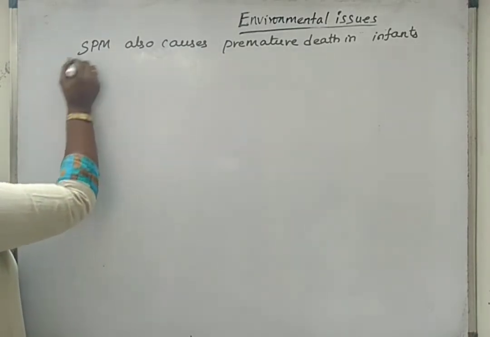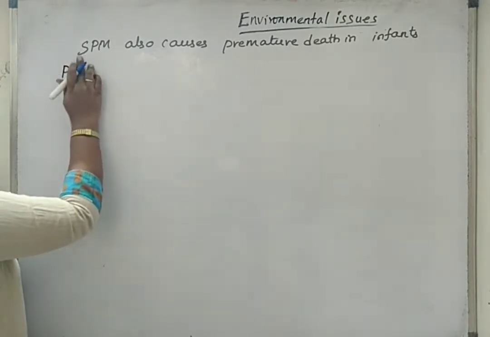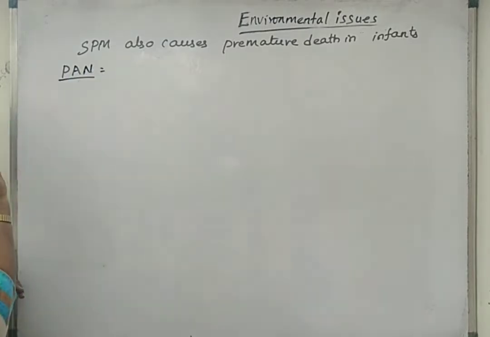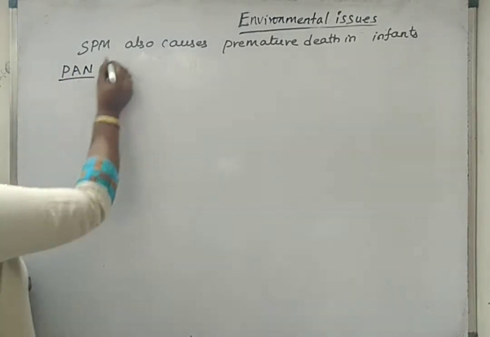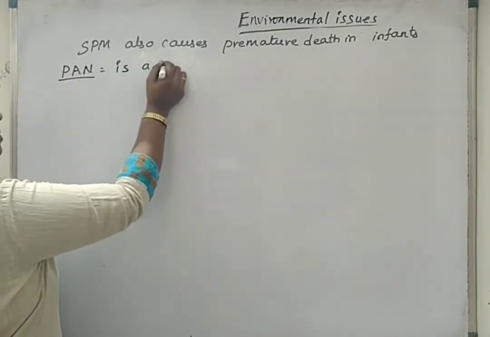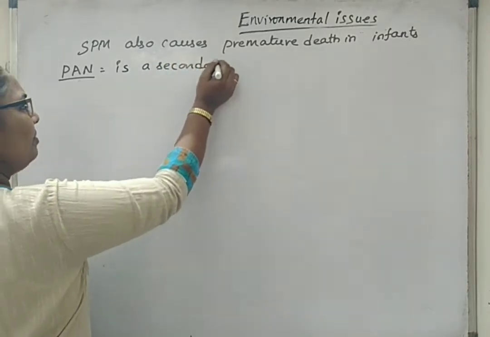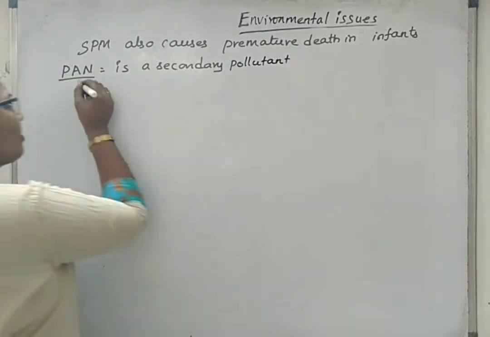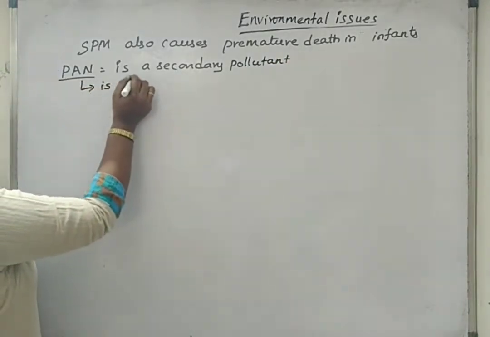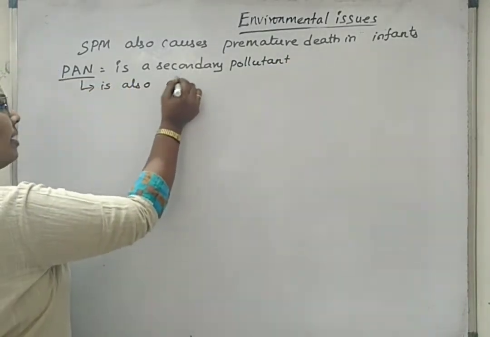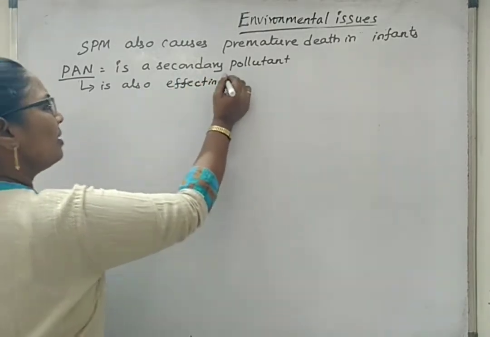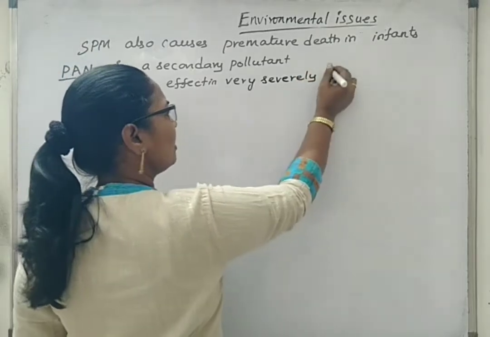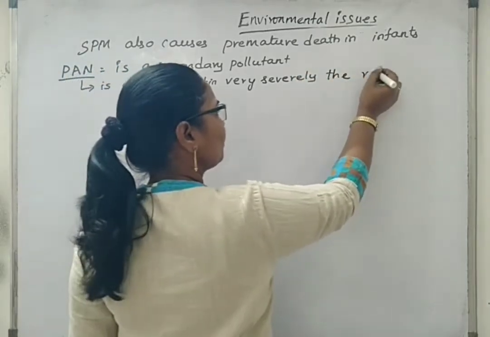Then next about peroxyacetyl nitrate. Peroxyacetyl nitrate is a secondary pollutant. It is also affecting very severely the respiratory system.